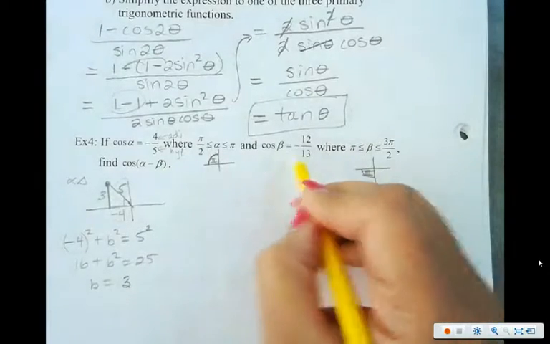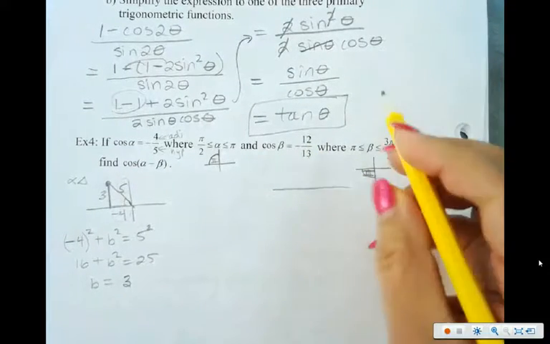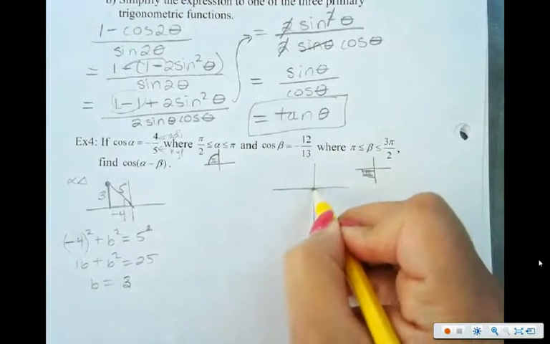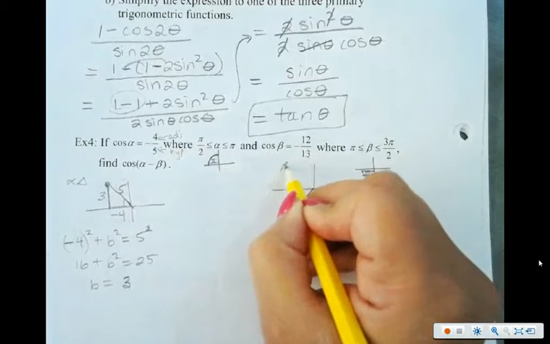So what does this give me here? I know it's going to be in this third quadrant. So what about my beta triangle?